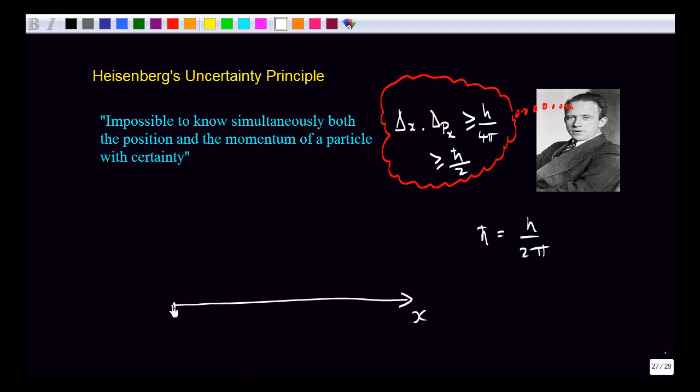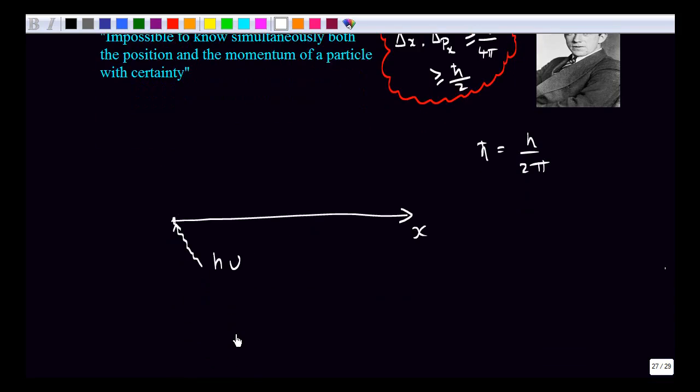Now to observe this particle, we have to shine some light on it. Okay, so that's the way we observe its position. And so let's have a photon of light coming in here, h nu. And we know also from our previous work that you can write that as h c over lambda.